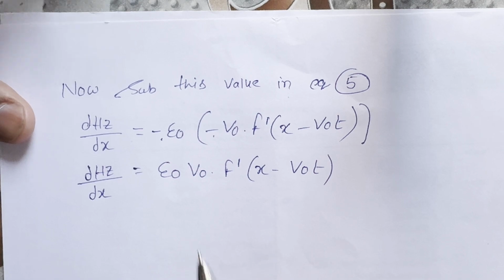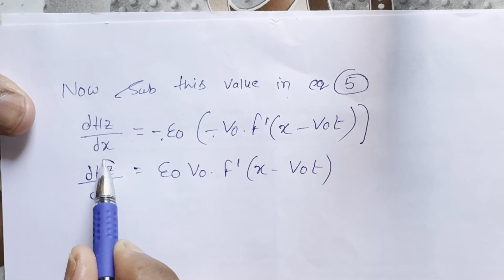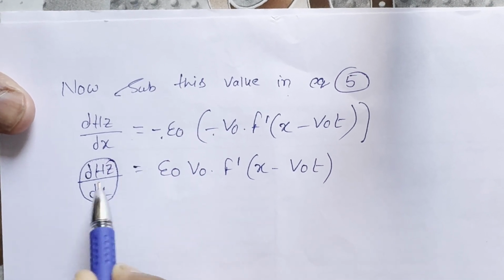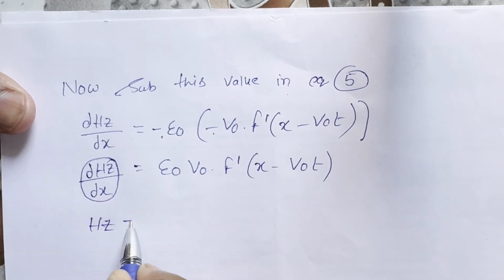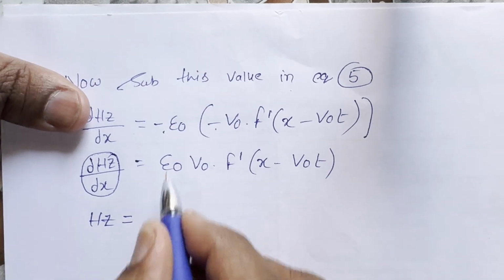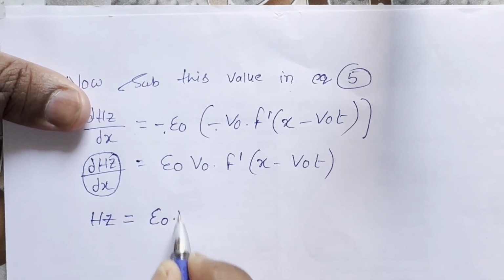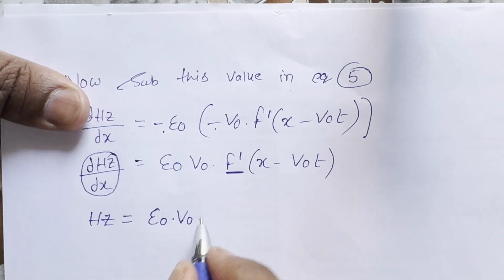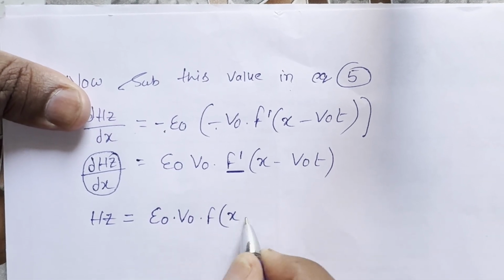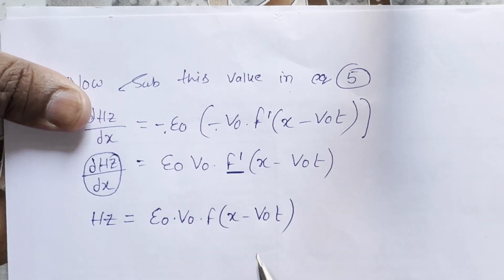Now I am making the inverse partial differentiation. By taking the inverse, Hz equals ε₀ v₀, and f' becomes f(x - v₀t).